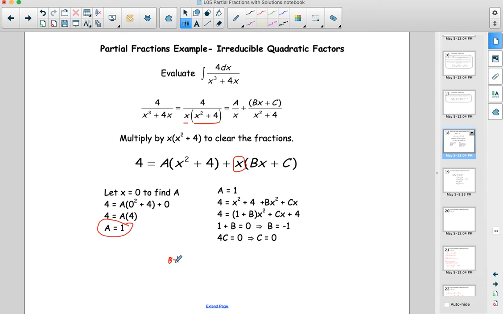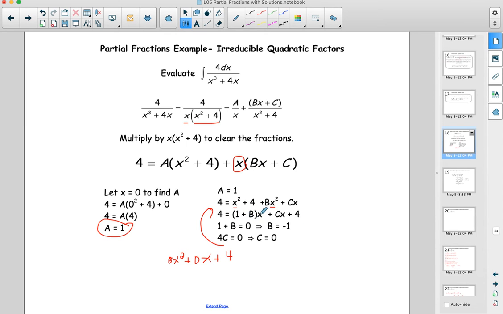So I'm looking at the left side. If you had me for advanced functions, I know we did some of these already. We did some challenging assignments. And this is a constant on this side, so it really is 0x squared plus 0x plus 4. See it that way. If we see it that way, then when we get an x squared and an x squared, we have 1 plus B x squareds, we have plus Cx, and we have plus 4.